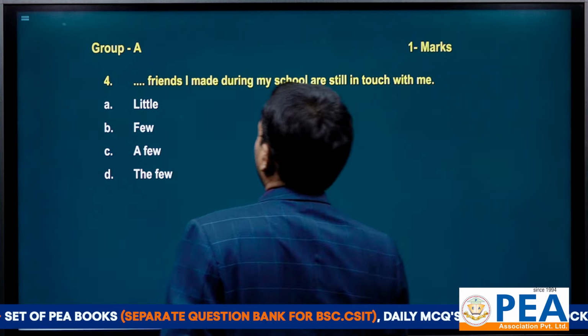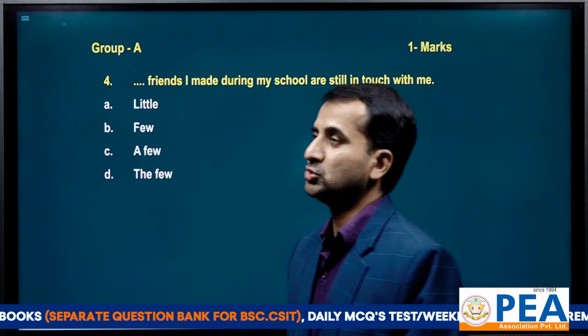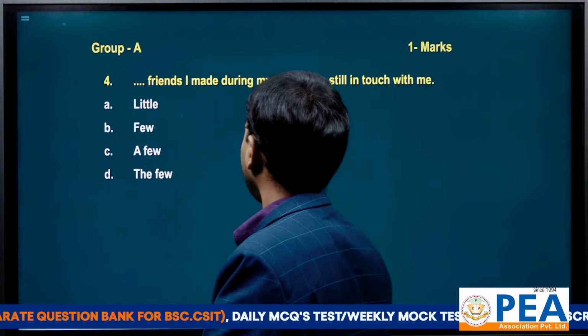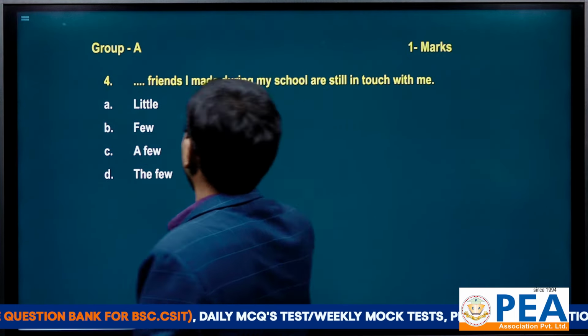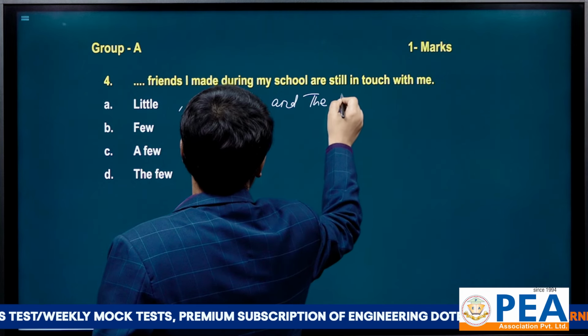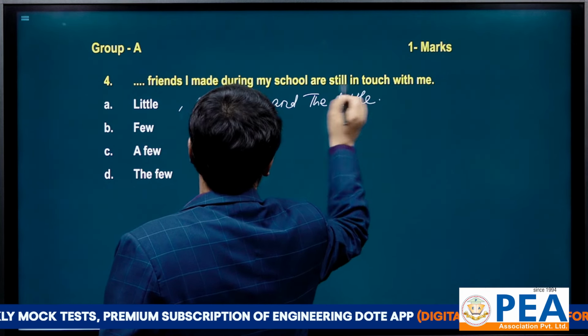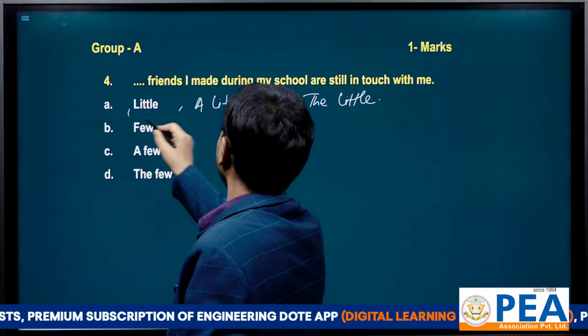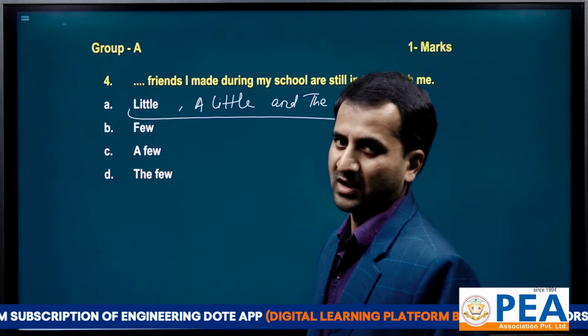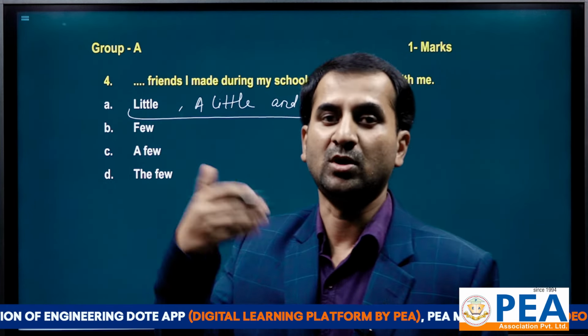Okay. Now see, this question belongs to adjectives. Little, a little and the little. The teacher might have taught you these are used for uncountable nouns like water.